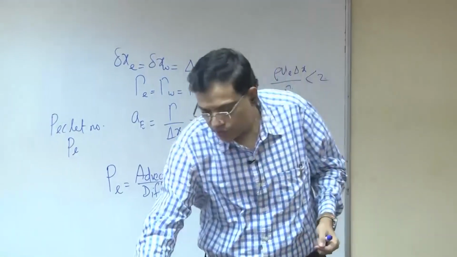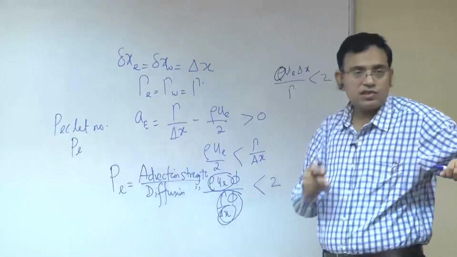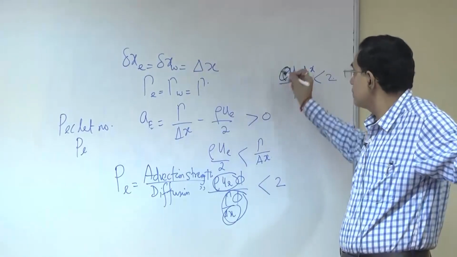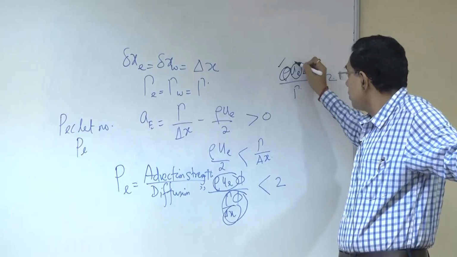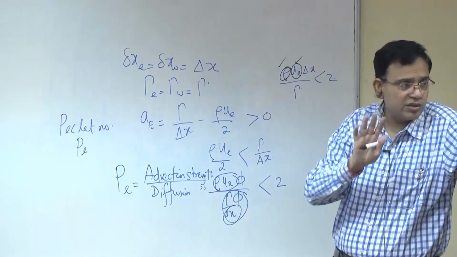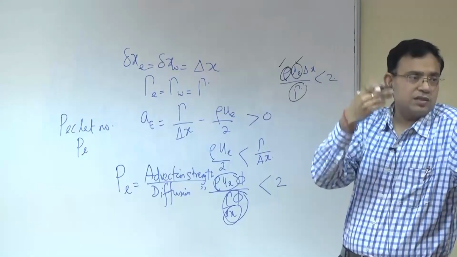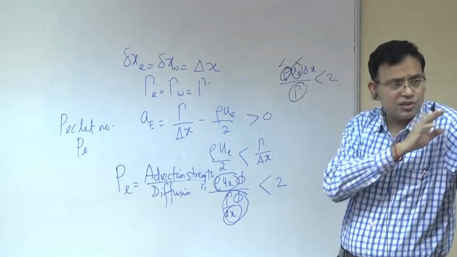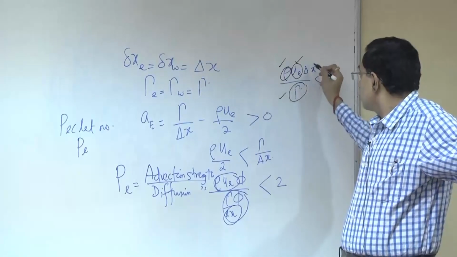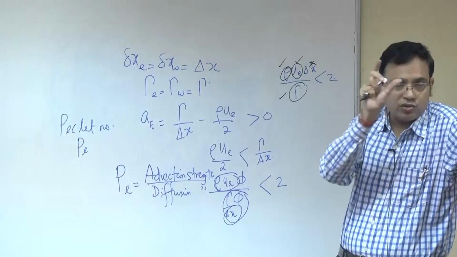In your hand, see, rho is not there in your hand because it is the density of the fluid that you cannot change at your will. So, this is fixed. Velocity you have already got from the fluid flow equation, whatever is the solution, that also is not there in your hand. Gamma is like that, say thermal conductivity etc. So, that is a property of the fluid, that also you cannot change. So, the only thing that you can change is delta x because it depends on your choice of the grid.